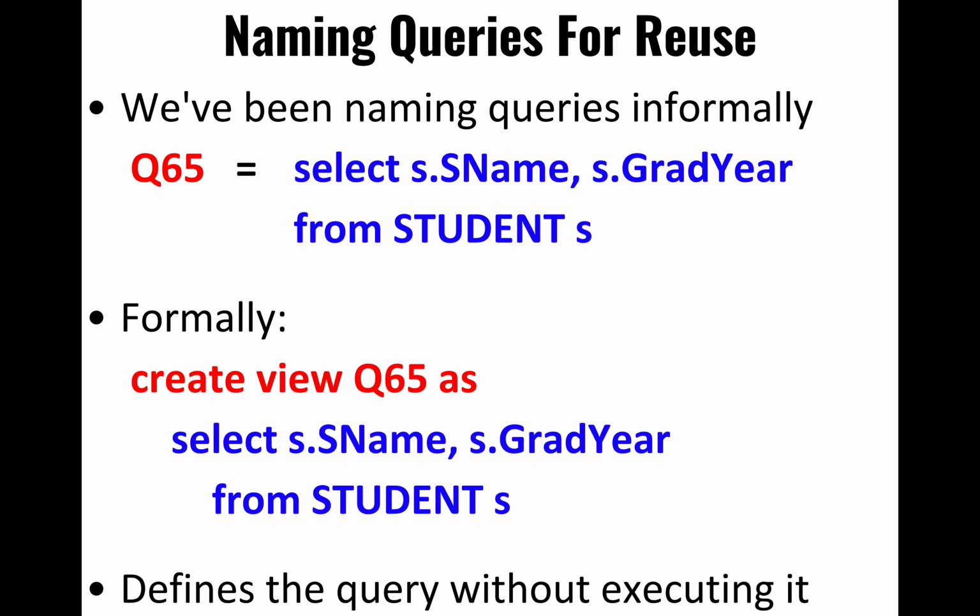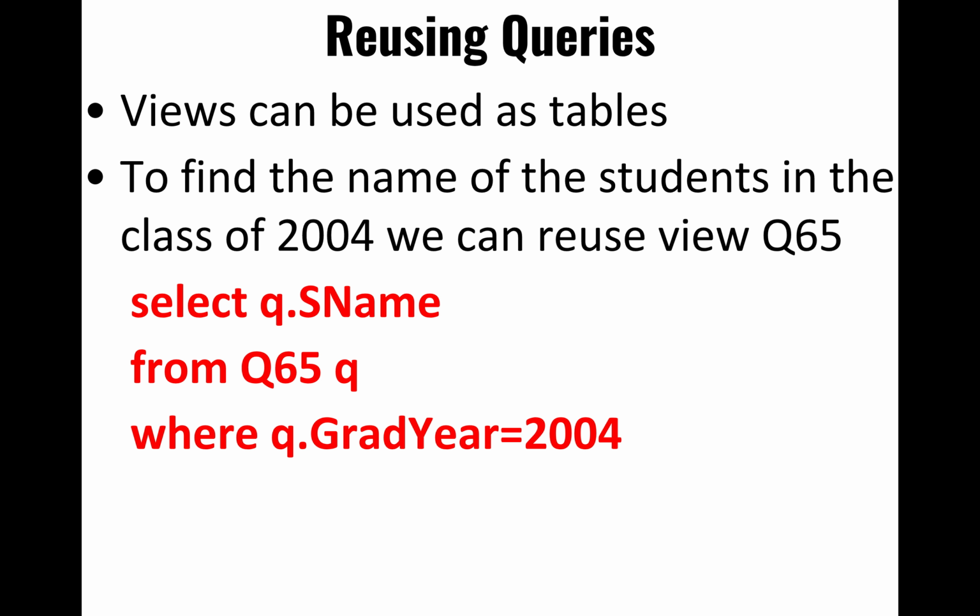This is identical to being able to write something like this. Q65 equals whatever the select statement can be formally written as create the view Q65 as and then the select statement. So we've already been using views all along, right? And then reusing them as input to other more complex queries.